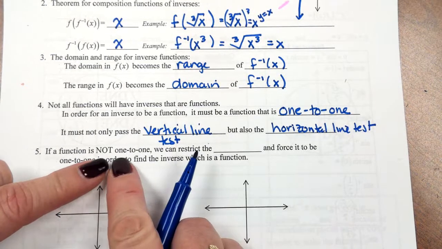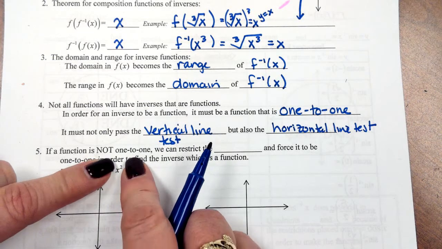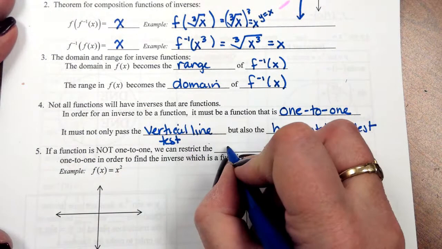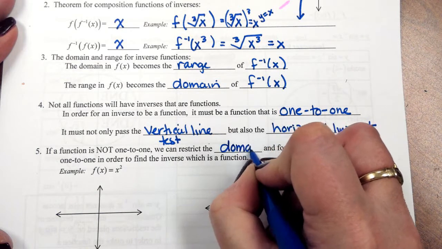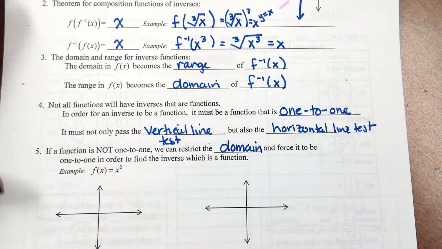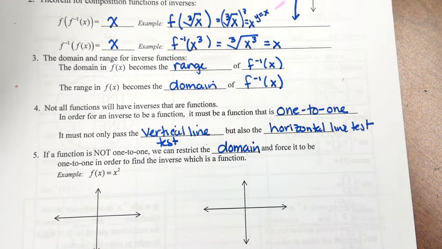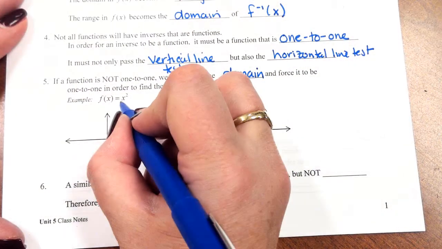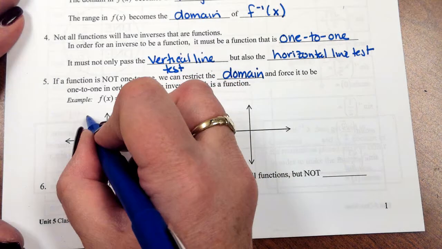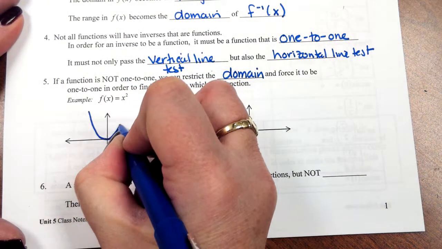Now, if a function is not one-to-one, and we want the inverse to be a function, we can restrict the domain and force it to be one-to-one in order to find the inverse, which is a function. So for example, let's take a look at your function x squared. Again, that's my parabola, vertex at (0, 0).